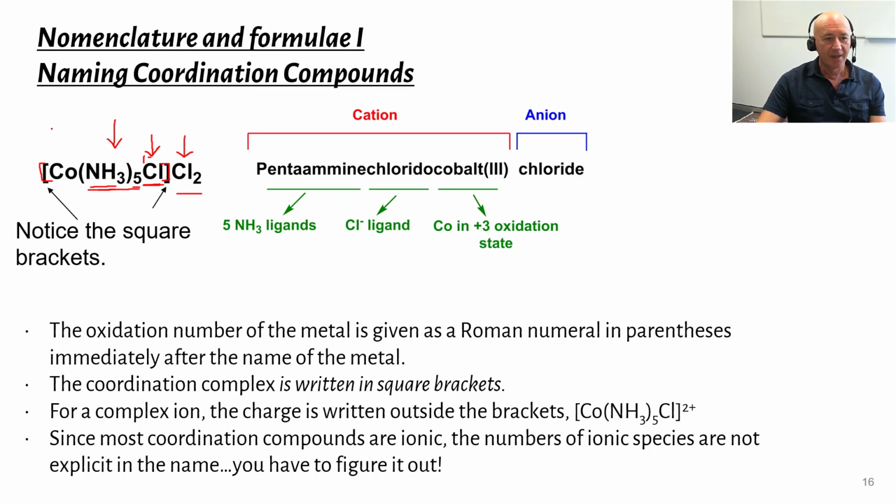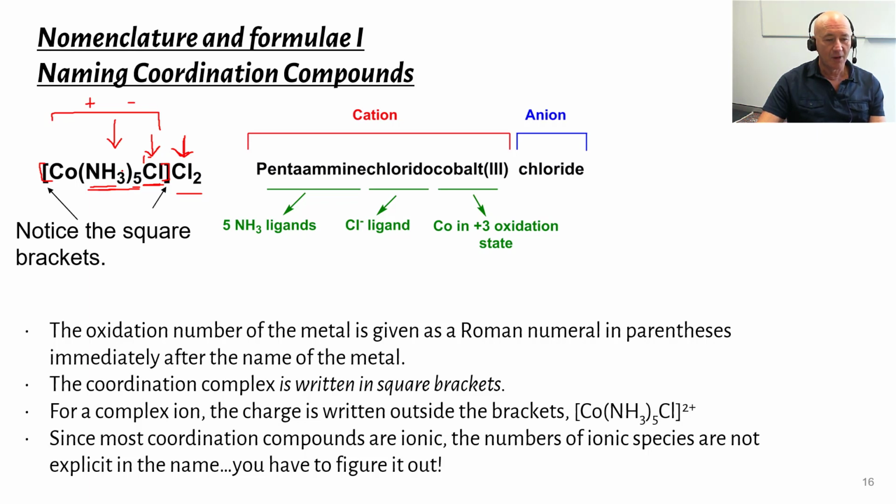Generally, these coordination complexes will have a charge. They don't always, but they often do. And it's not unusual for that charge to be a plus charge. It's also not that unusual for it to be a minus charge, actually. But these chloride ions here are actually the counter ions, right?